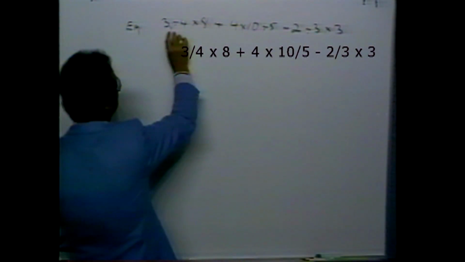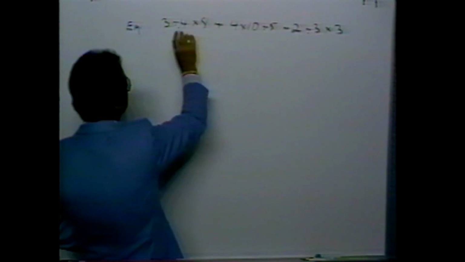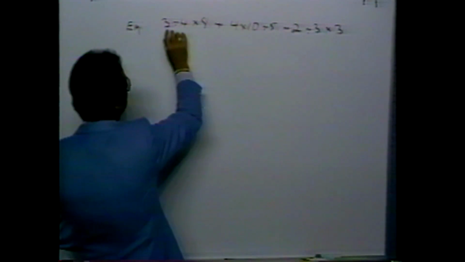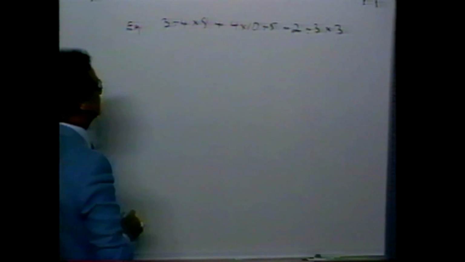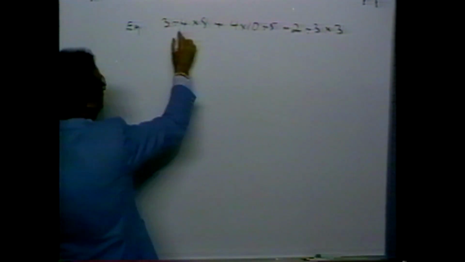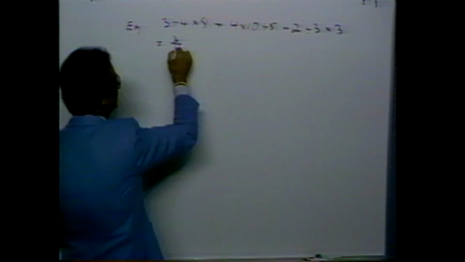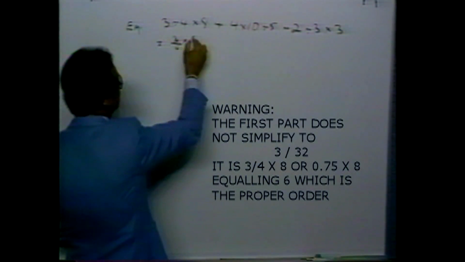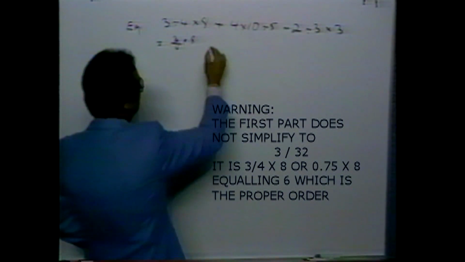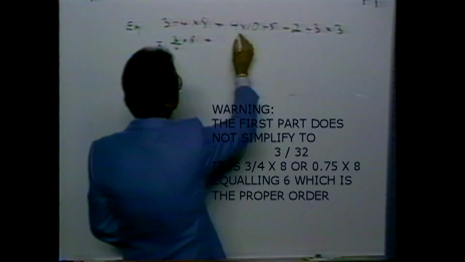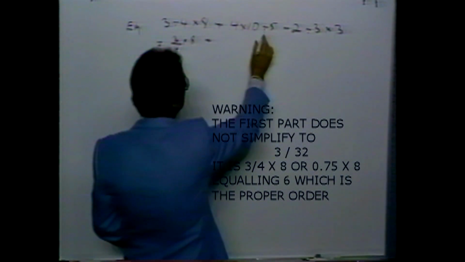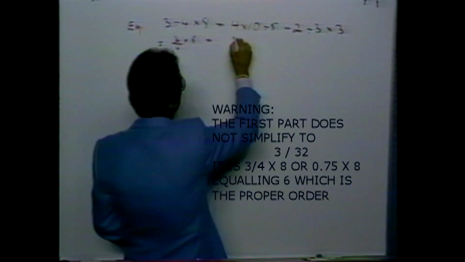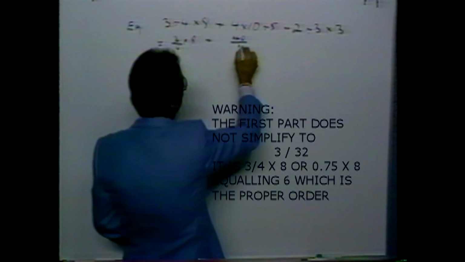You must do this work in the order in which the signs occur. In other words, you have to divide by 4 before multiplying by 8. Now, if you divide 3 by 4, you can look at that as 3 over 4, or 3/4 times 8. Here, you can see that 4 must be multiplied by 10 first, and then divided by 5, as 40 over 5.